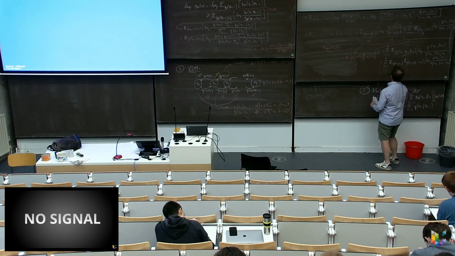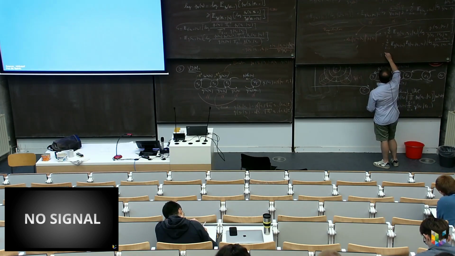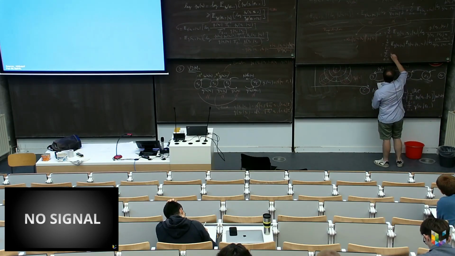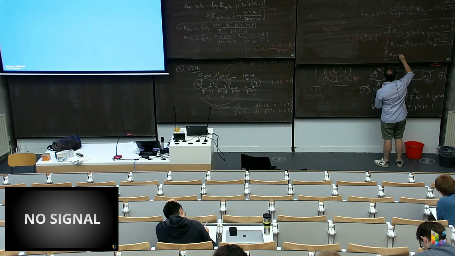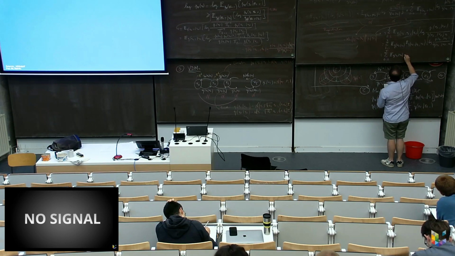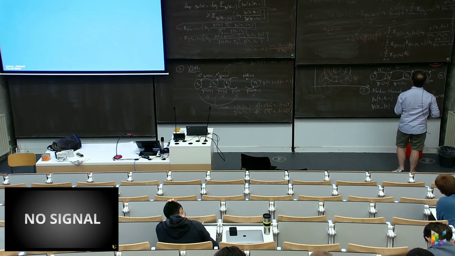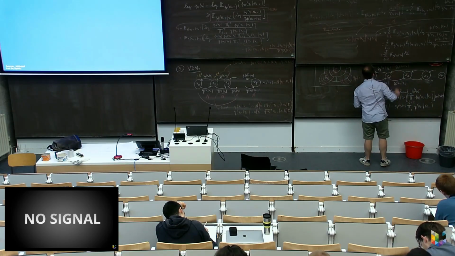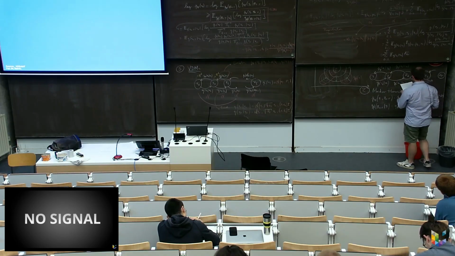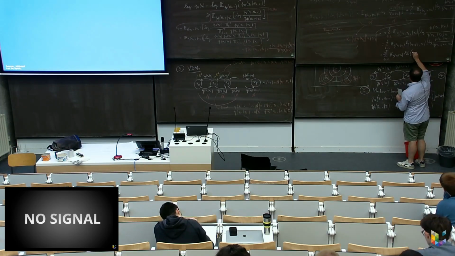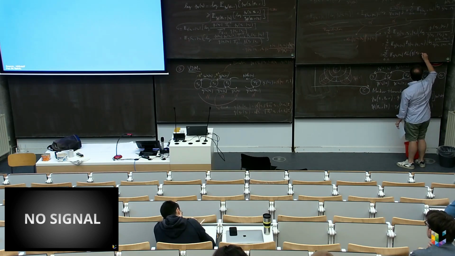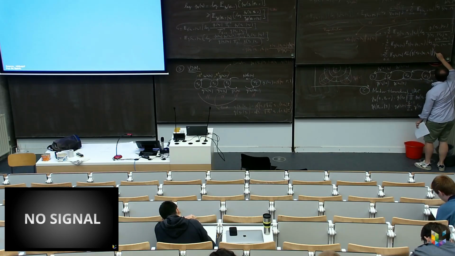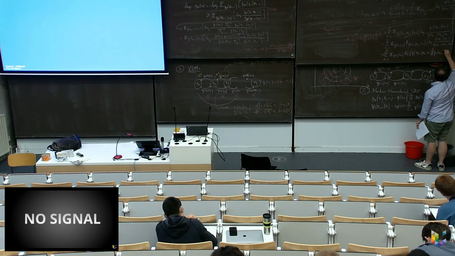So one thing that you should add now is a minus. KL between q of xt minus 1 given xt and x0, and p of xt minus 1 given xt.